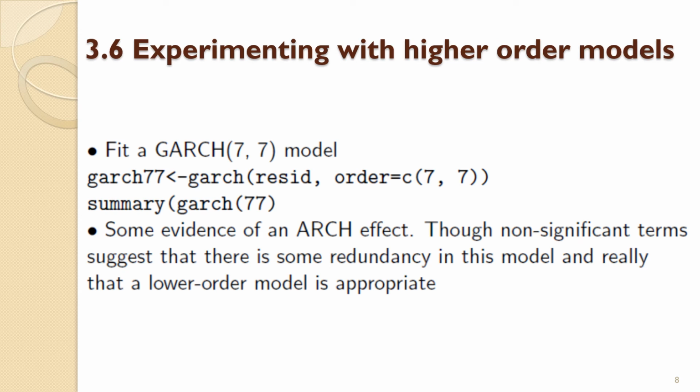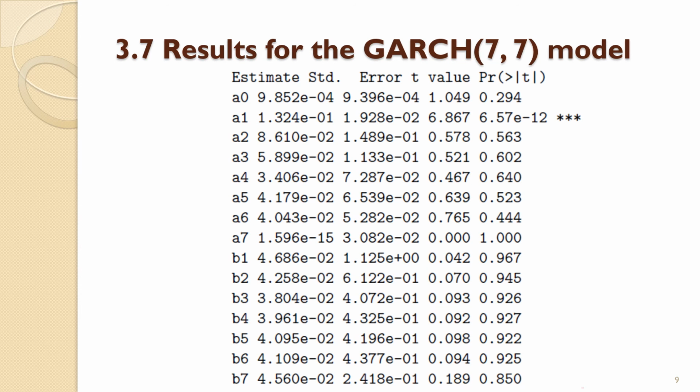statistics. The main thing to watch for here is, like when we had multicollinearity, you've got some redundancy in the model signified here by non-significant terms. So the t-statistics for this GARCH(7,7) model are as follows, and I've said here we've got some evidence for the ARCH effect.